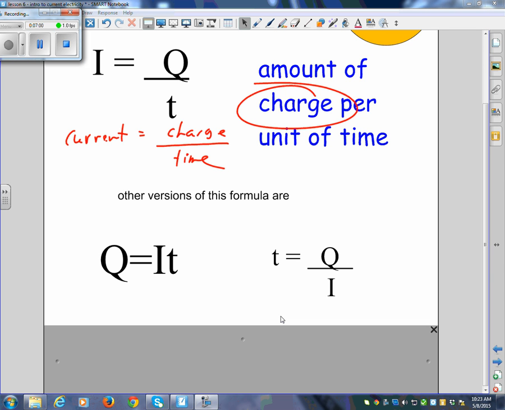I quit math. They all mean the same thing. Q, T, and I mean the same thing. No, Q is always the same. I'm just joking. Everybody's like, joking. No one changed it. Come on.